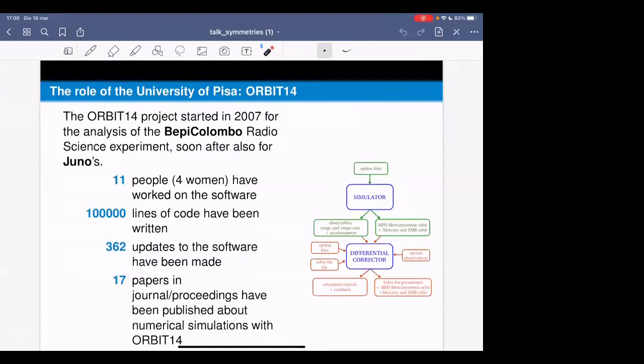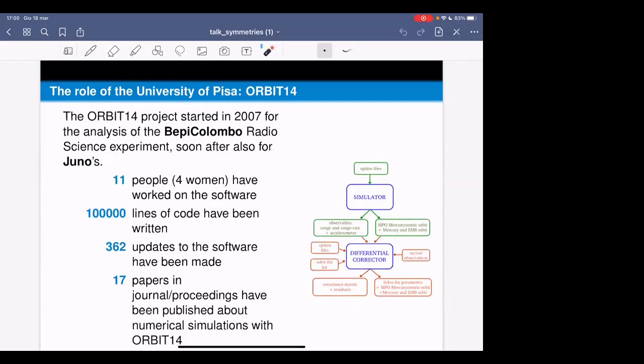The University of Pisa has developed a software called Orbit 14, which will be one of the software packages processing the data of the BepiColombo radio science experiment. The project was started in 2007. More than 10 people worked on it.